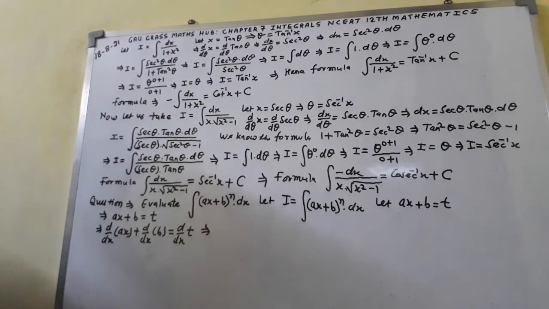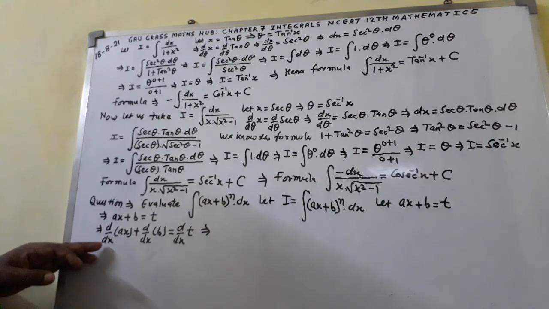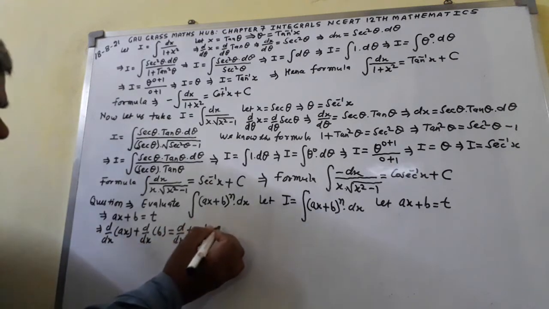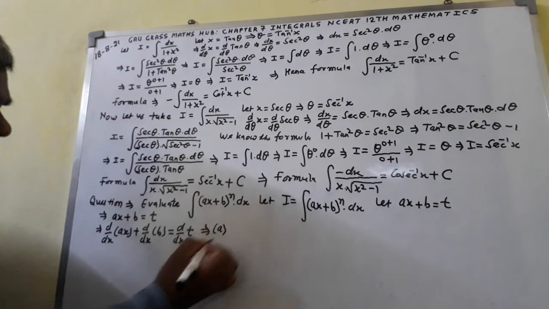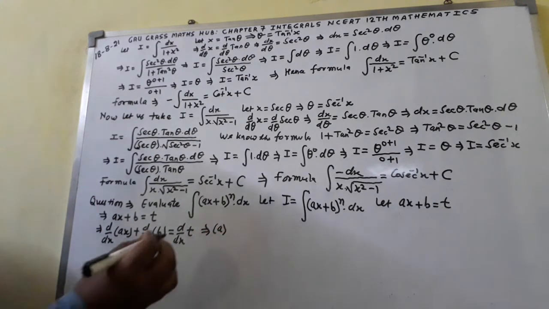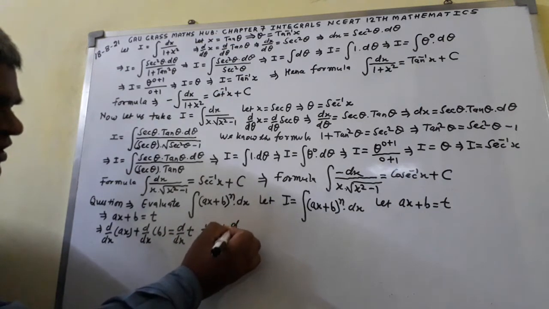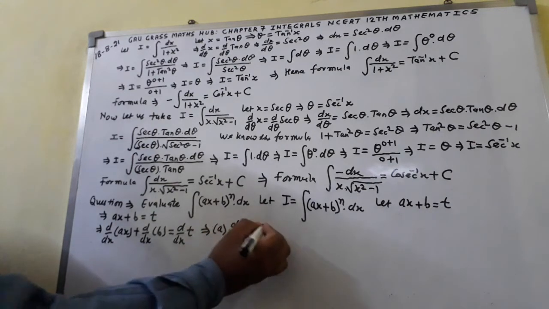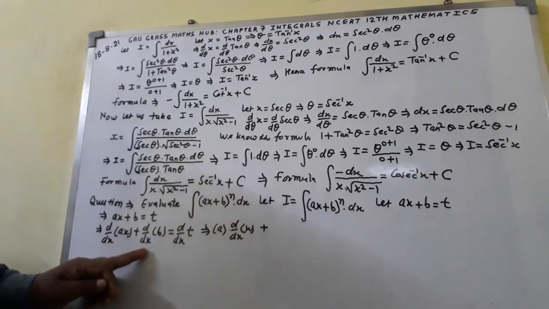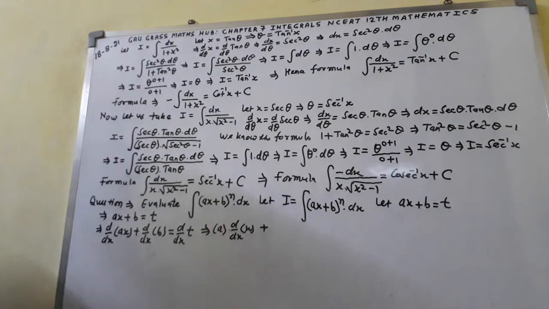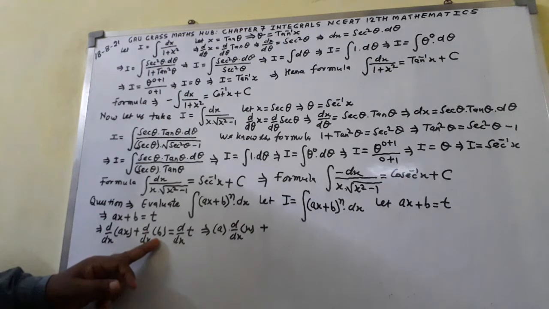You will get here, implied that here you can see d over dx of x. Here a is a constant. So here a will be popped out. So write like this. A will be popped out and will be put in bracket. So here a dot d over dx of x plus d over dx of b. Here b is a constant. First order derivative of constant comes out to be 0.